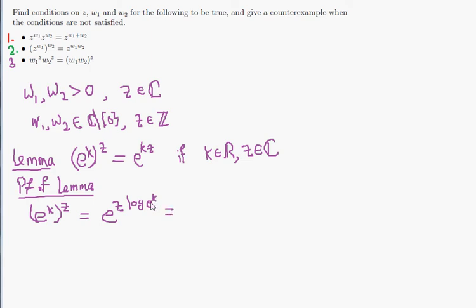Now, e to the k is a real number, and so the generalized logarithm of e to the k is exactly what you think it should be, the natural log of e to the k. And the natural log of e to the k is simply k. And so that's the proof of the lemma. Now the proof of the theorem is as follows. It's going to cleverly use this lemma twice.